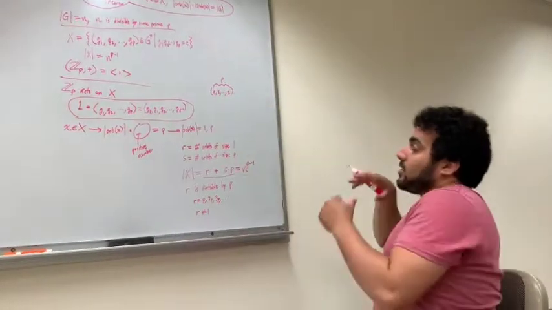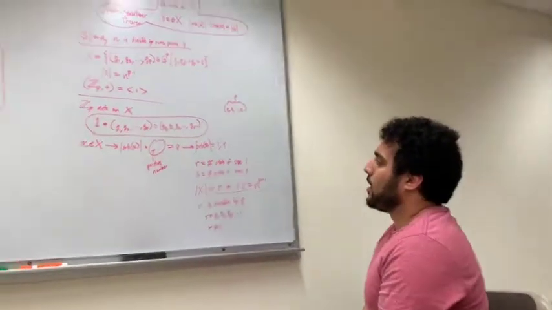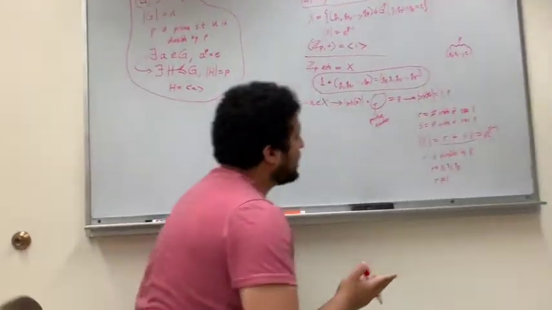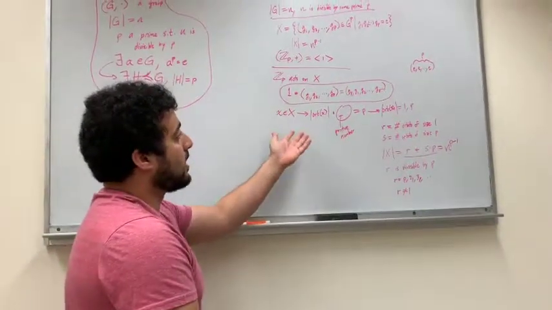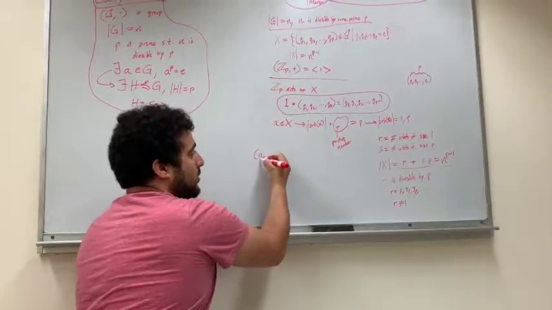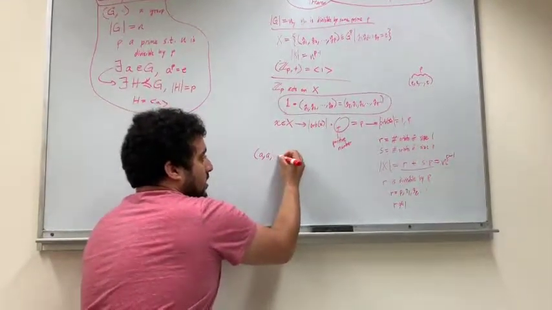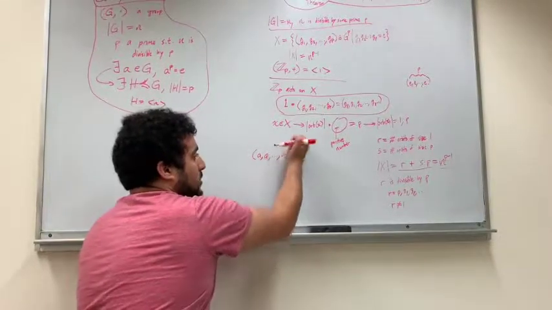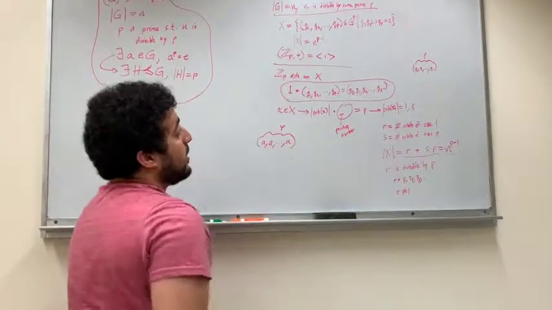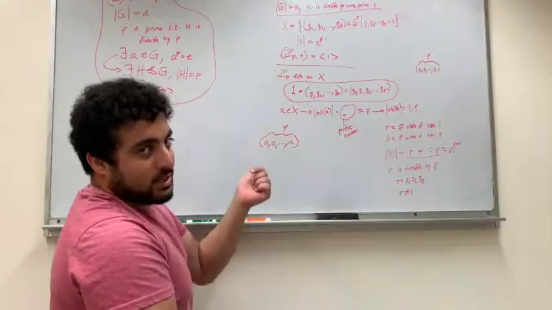So let's think about what that element looks like. We have some element of G, let's call it A, A, A, ..., P times, and this should be in parentheses. It has to be that way because otherwise the orbit wouldn't be size 1.